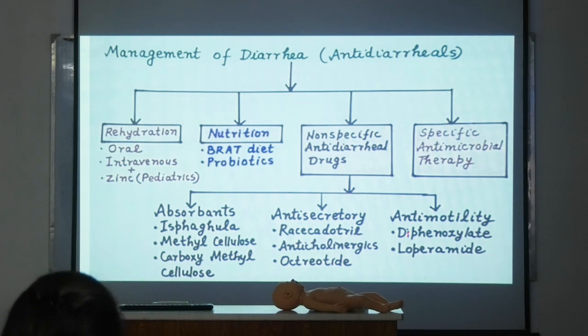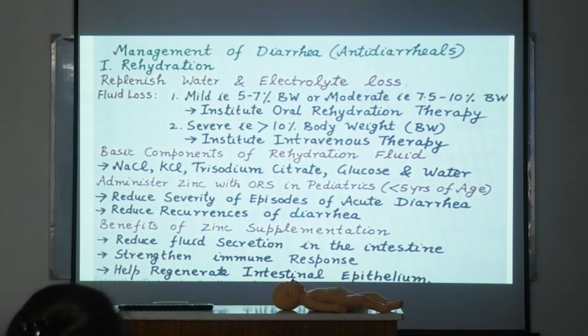Anti-motility agents reduce the peristalsis. Very important, diphenoxylate and loperamide. Diphenoxylate is sold as a combination drug called Lomotil, I don't know whether you have heard or used Lomotil. Okay, anti-motility, reduce peristalsis. No, no, there is an anticholinergic effect, yes. Their mechanism is basically opioids, we will come to the mechanism.